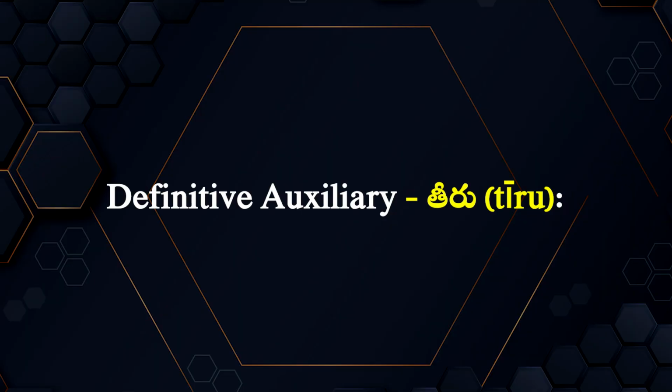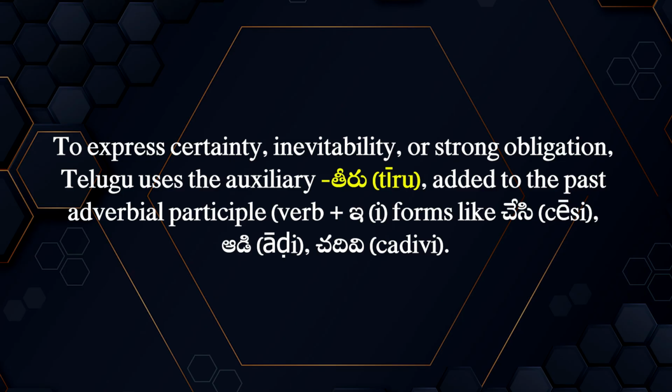Next one, definitive auxiliary, తీరు, to express certainty, inevitability or strong obligation. Telugu uses the auxiliary తీరు added to the past adverbial participle verb plus i forms like chesi, ఆడి, చదివి.